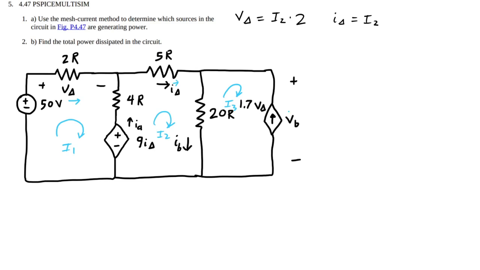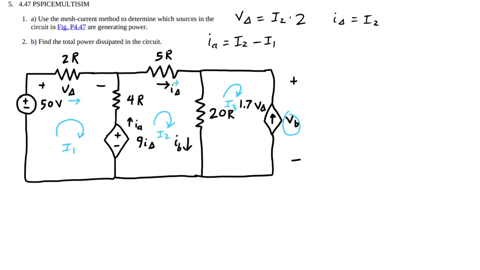And then we want to find an expression for VB, because we're going to need that later on. Actually, let me do these little labeled currents that are also in the circuit first, because these are from the problem statement. So IA is going to be I2 minus I1.